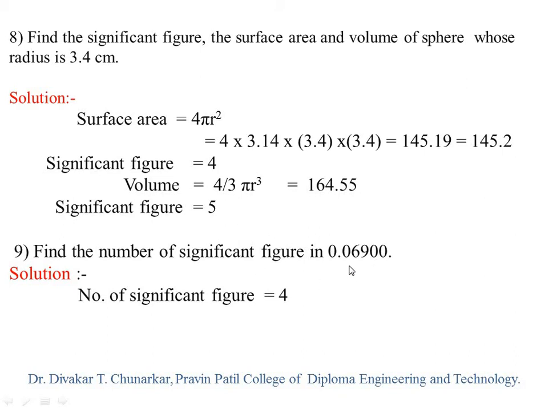Therefore in this number 0.06900, there are 4 significant figures.